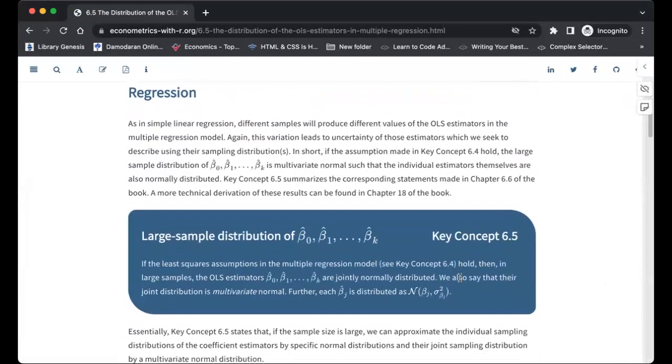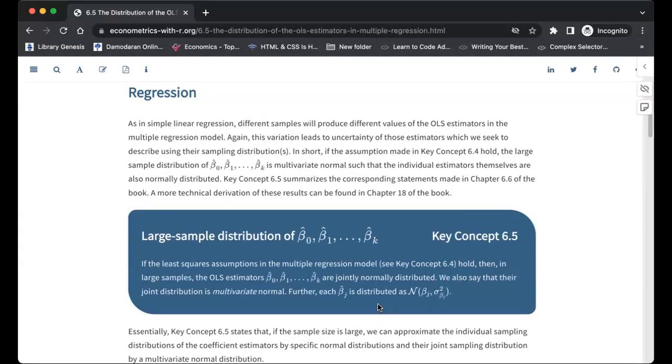In a large sample, we are saying at least greater than 30 or maybe greater than 50, if the least squares assumptions 1 to 4 in the multiple regression model hold, then the OLS estimators beta naught hat, beta 1 hat, up to beta k hat are jointly normally distributed. We also say that their joint distribution is multivariate normal.